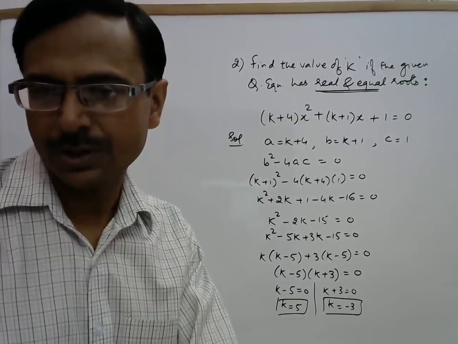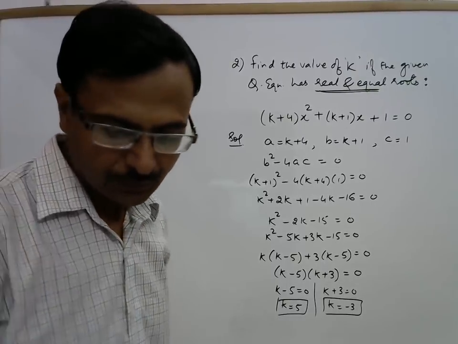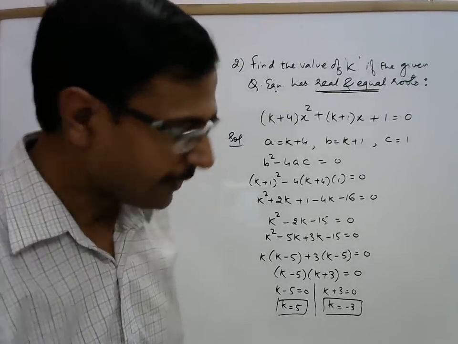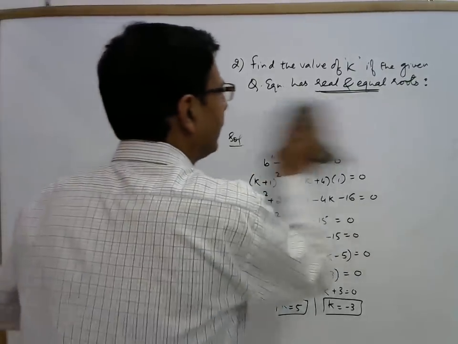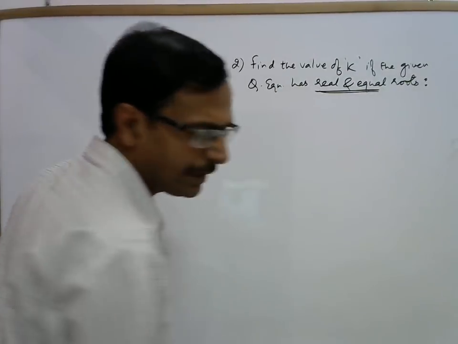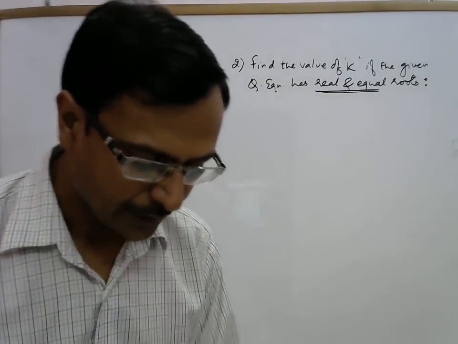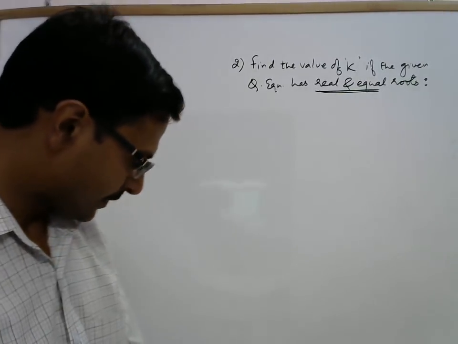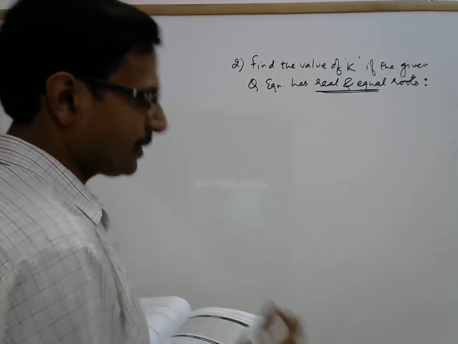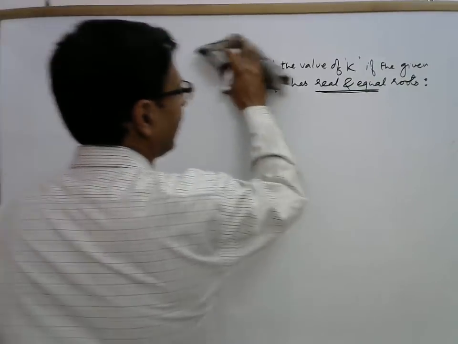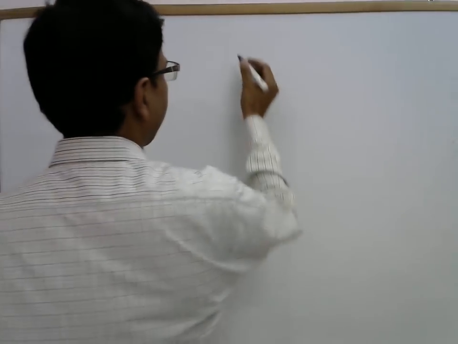And final question now for this. This is a different question. A little bit of thinking will be required to solve this one. And the statement goes like this. Now it is not the value of k which we have to find out.